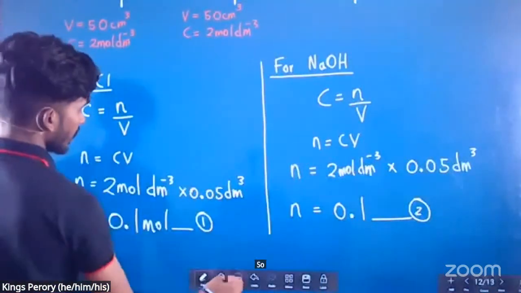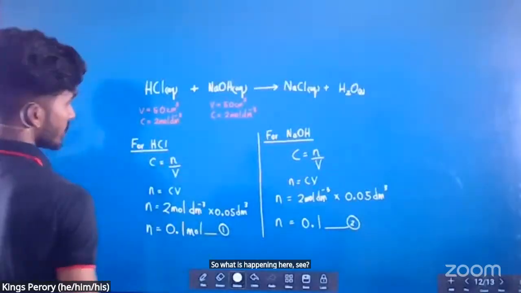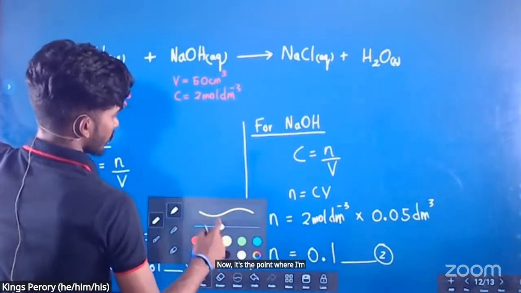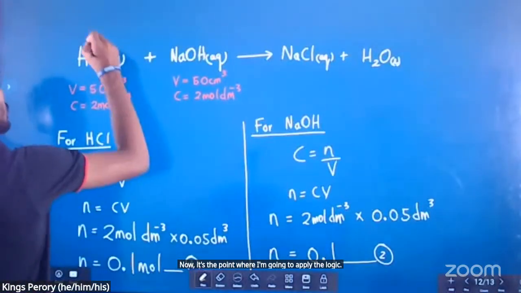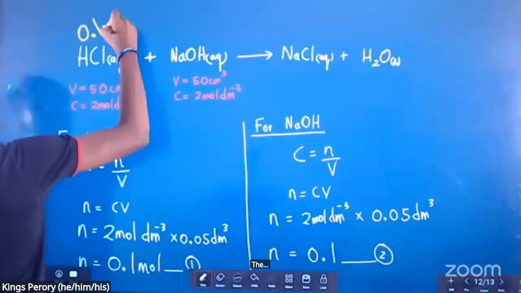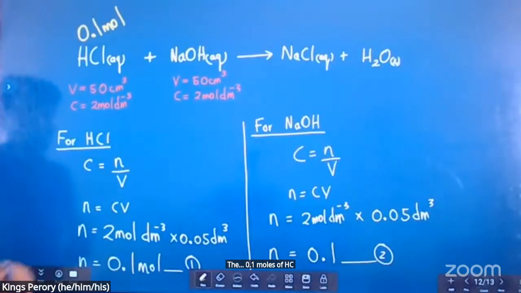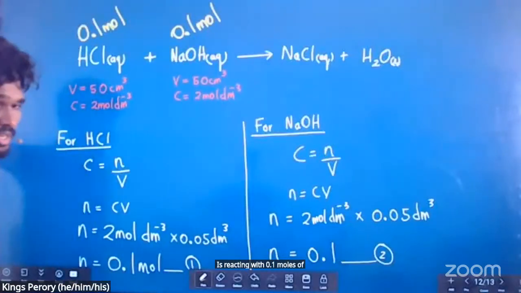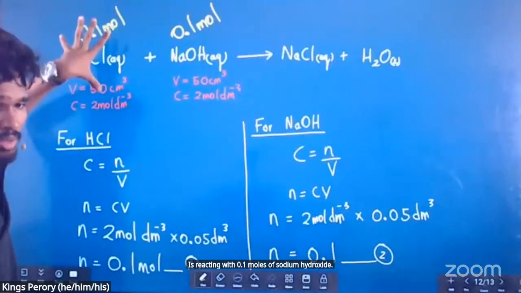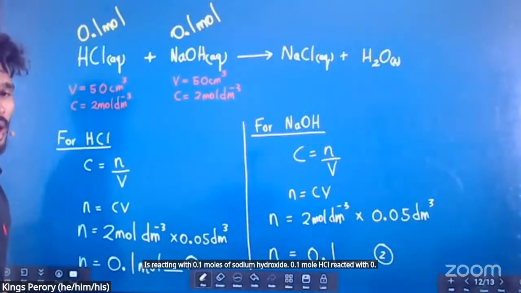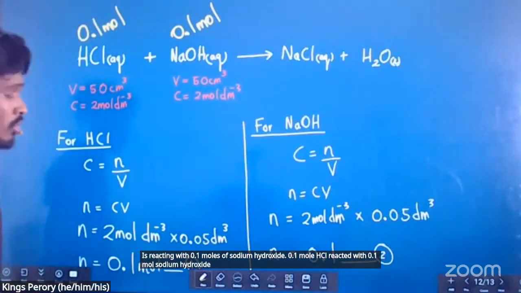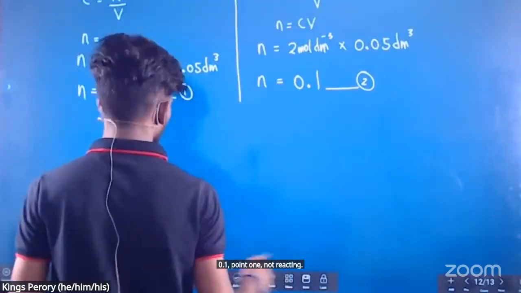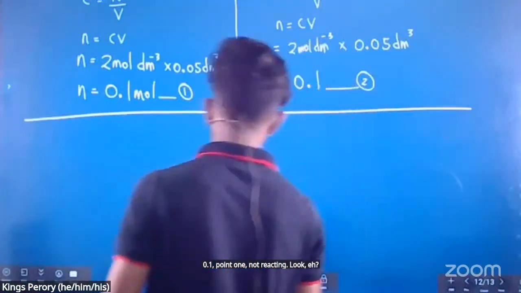So what is happening here? Now look at the logic. This is the point where I'm going to apply the logic. 0.1 moles of HCl is reacting with 0.1 moles of sodium hydroxide. Now don't lose the concentration.